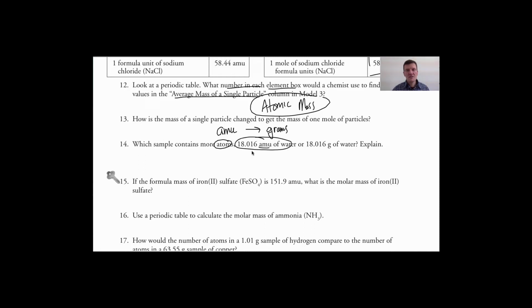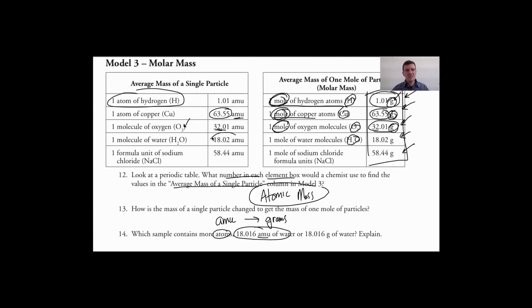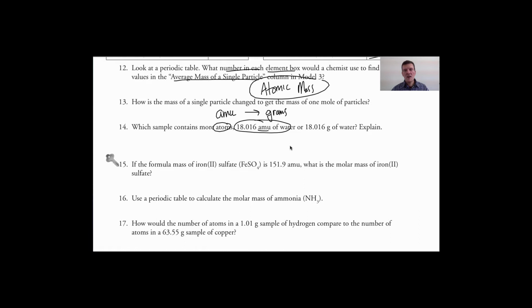That's 1 particle. This is the mass of just 1 molecule. This is the mass in grams, you've got to watch those units, of a mole of particles. Huge quantity. So obviously the grams does, because that is the mass of 1 mole. This is just the mass of 1 molecule.